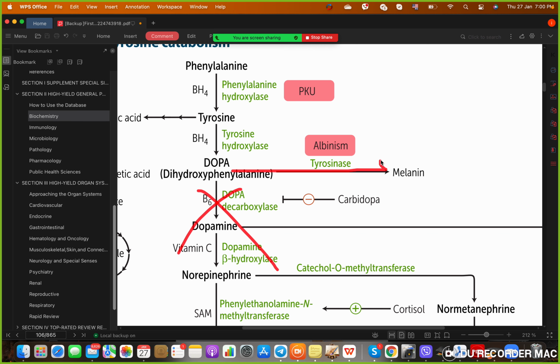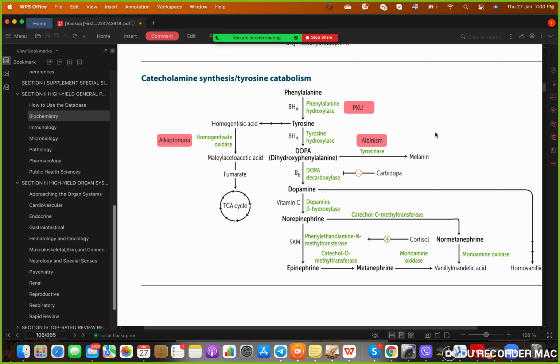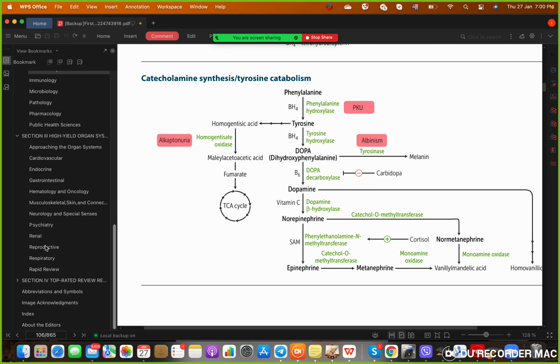So they are going to get more melanin regionally. Where regionally? In the liver. If you have more melanin in the liver, which color will it be? Black. Okay? And this is the epinephrine metabolism pathway. The defect in it leads to a black liver. This is destroyed, so you will have more melanin, you will have a black liver.